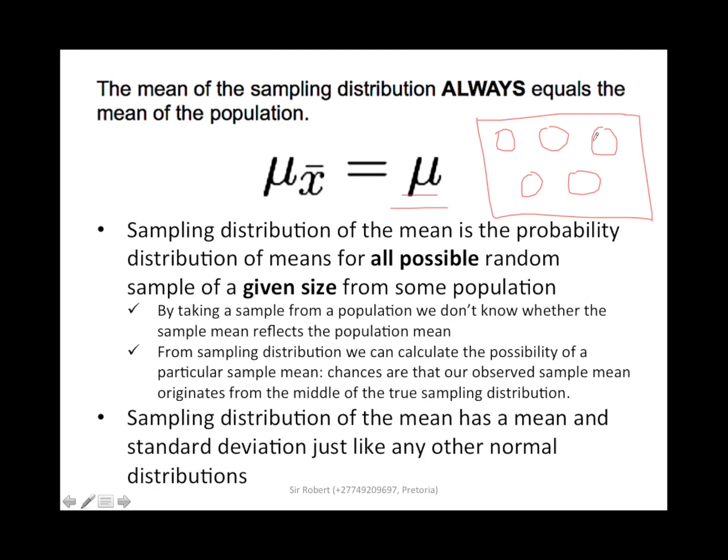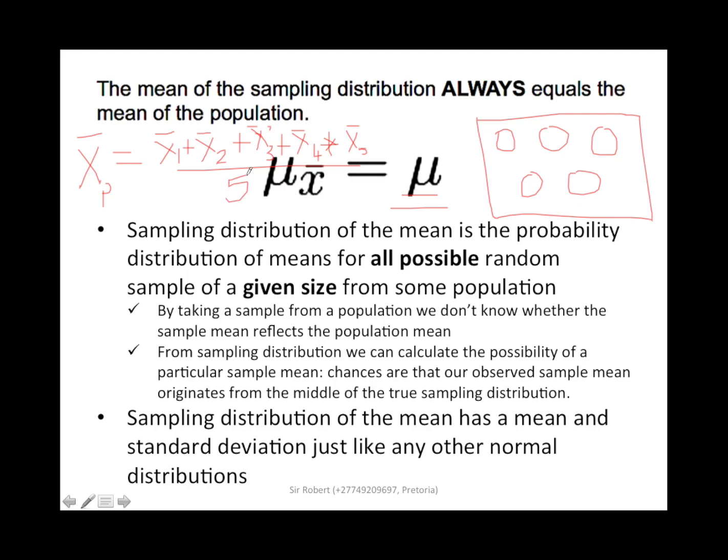These samples can have different sample sizes, but when we take the mean of their means, let's say x bar is the mean of the population, we say over 5: mean of sample 1 plus mean of sample 2 plus mean of sample 3 plus mean of sample 4 plus mean of sample 5, divided by 5.